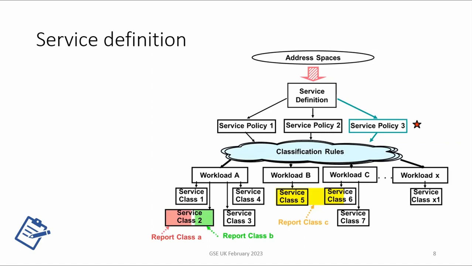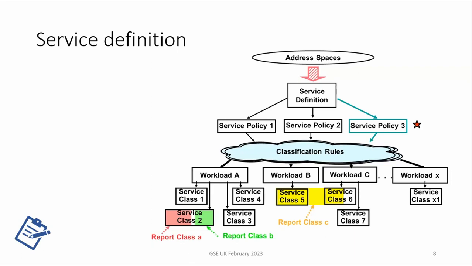There are classification rules. All the work coming into the system goes through a classification rule and gets assigned to workloads. And then workloads themselves are broken into service classes, and that's where we define how the work should behave. And then the work in service classes can be reported as the entire service class, or as part of a service class, or across service classes.